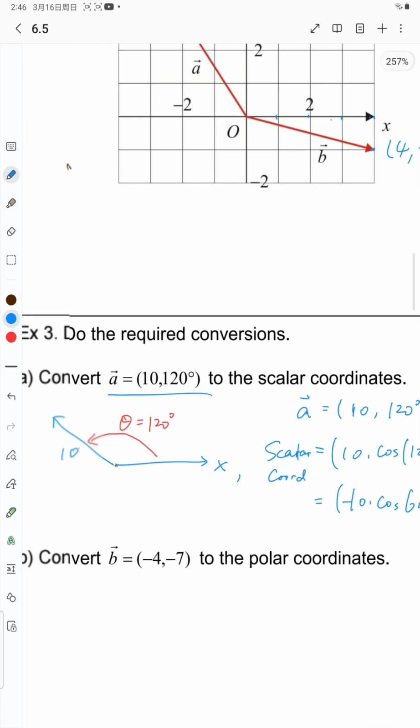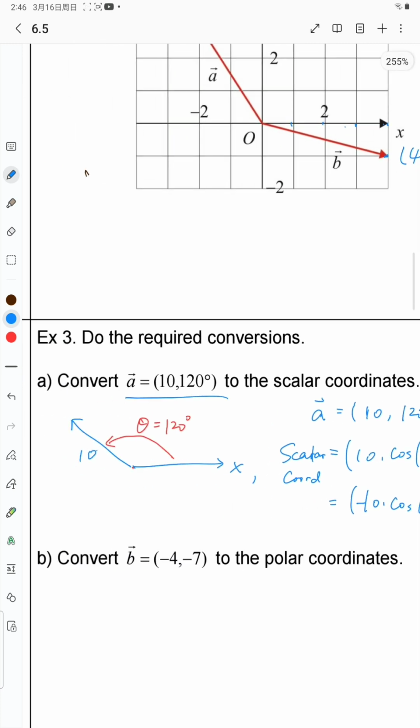You can also visualize it. So if I add another x and y scalar coordinates, and then the angle, you can see the shadow onto y, whether it's 120 or 60, if you have a shadow onto y, it will be the same, right? So this is 60, right?